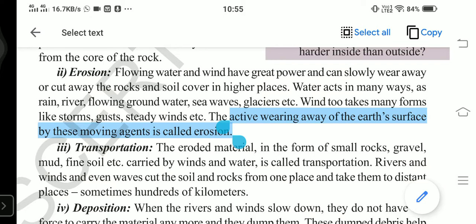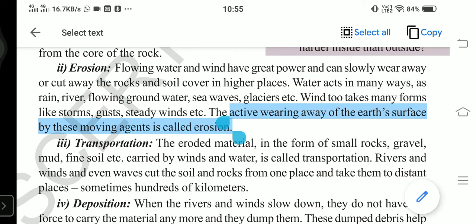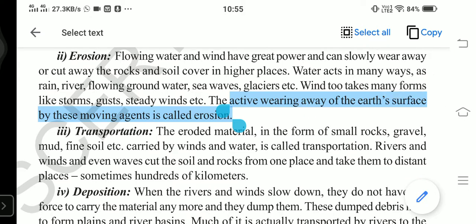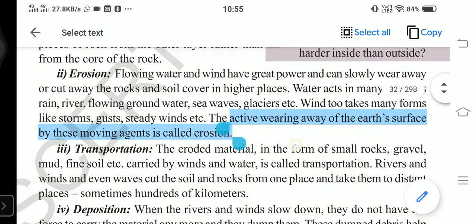So all the eroded materials, small particles, small rocks, gravel, soft mud, fine soil, formed by weathering and erosion, are carried by blowing wind and water from one place to another place. That is called transportation.